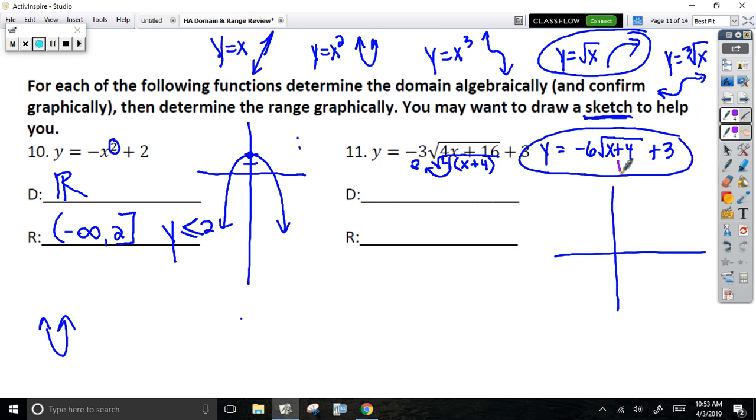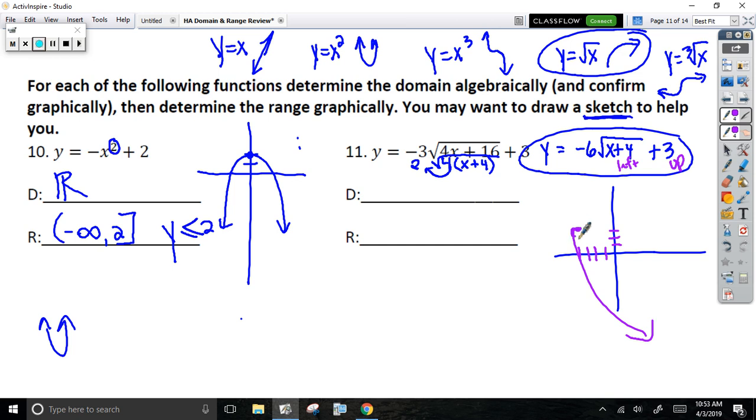Plus 4 inside is left. Plus 3 outside is up. So we're going to go left 4, up 3. That's our starting point. Again, if this were a positive, we would go up. But since it's a negative, we'll go down. Normally, if we were actually graphing, you'd count down 6 over 1. But we're just going to sketch it. It doesn't need to be perfect.